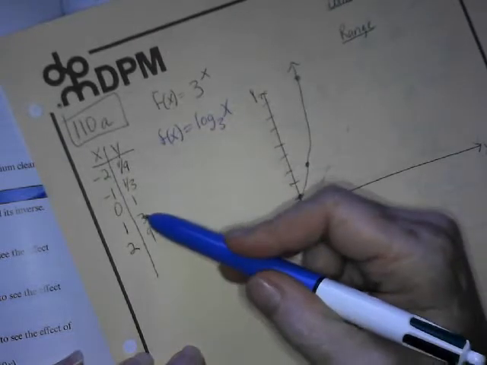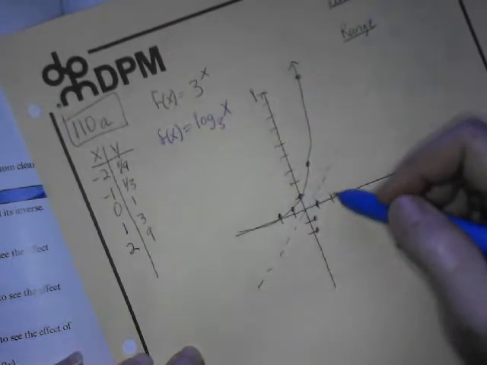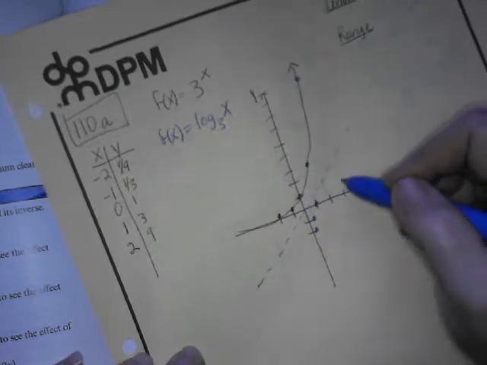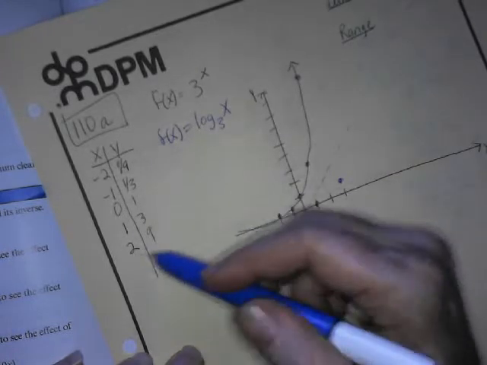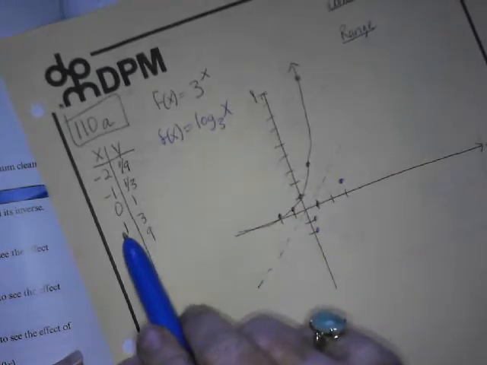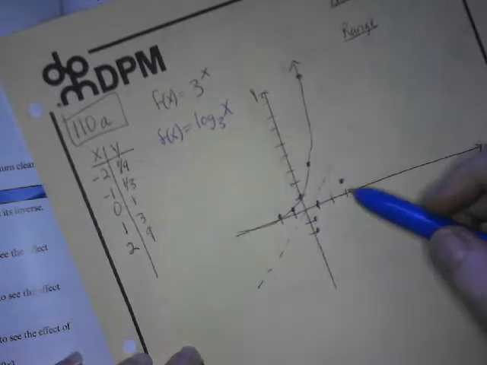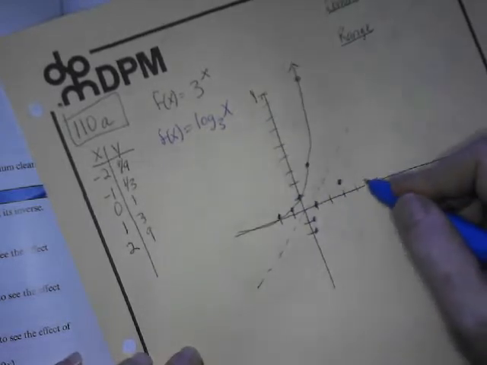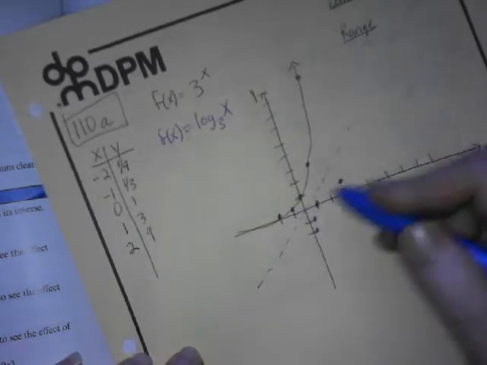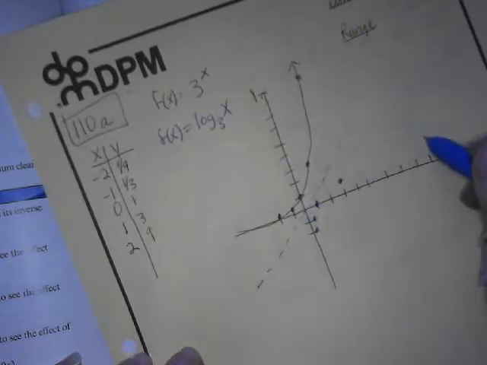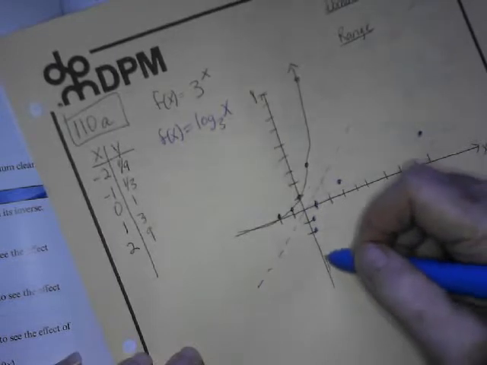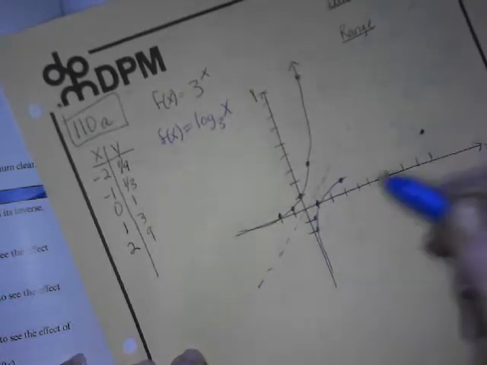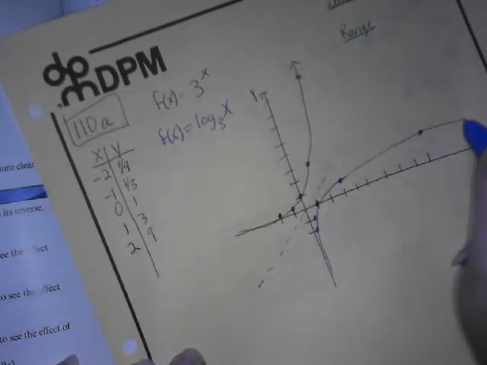And then 3 comma 1. And then 2 comma 9. Oh, sorry, I did it backwards. 3 comma 1, that's what I wanted. 9 comma 2. 2, 3, 4, 5, 6, 7, 8, 9 comma 2. So you can see, hopefully that's what you thought it would look like, a mirror image.